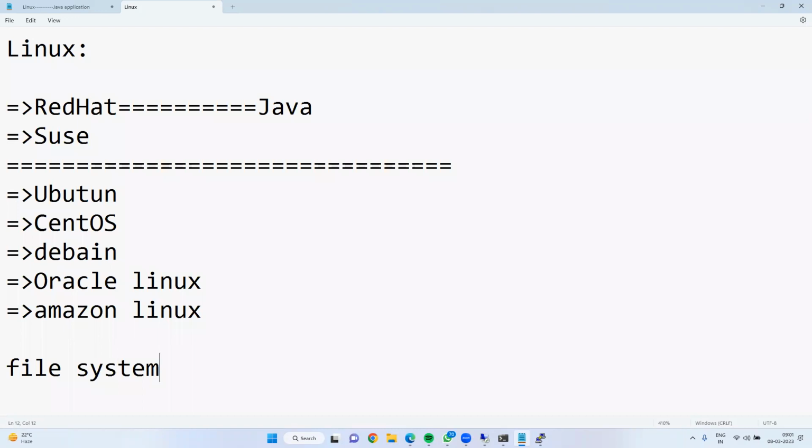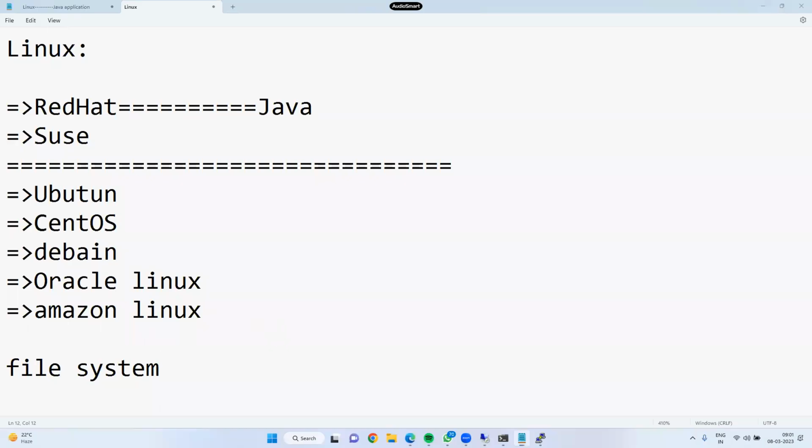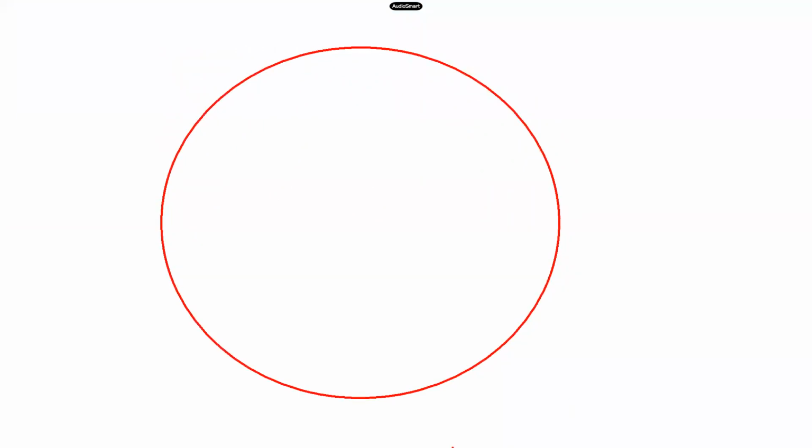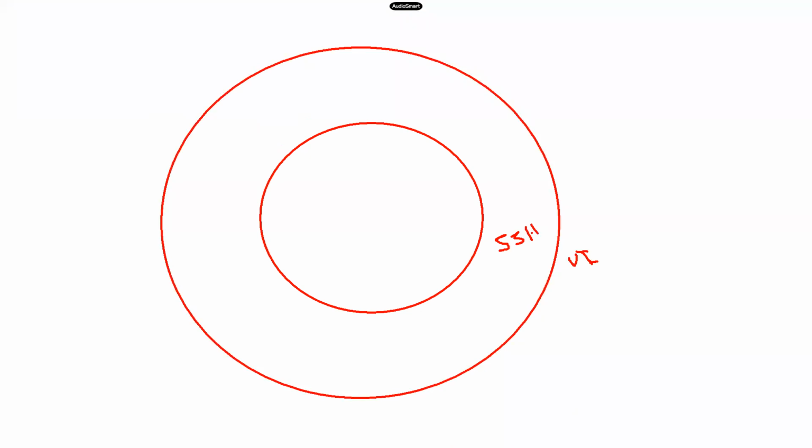Clear? So the architecture of the Linux operating system is very simple. See, this is the UI, I can say the command prompt. Next layer is SSH. Next, this is the kernel.